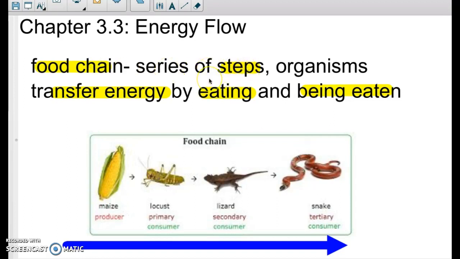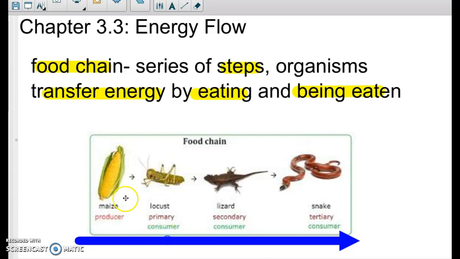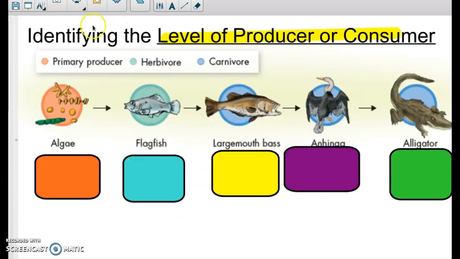You learned that it's a series of steps in one line, essentially, where you're transferring the energy by eating and then being eaten. So the energy from each organism is moving through the food chain. Each organism as you move up the food chain has a certain name.